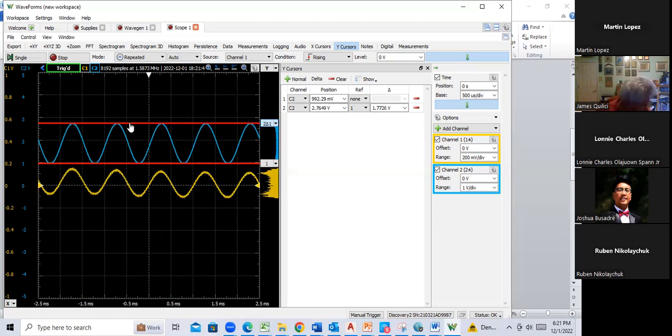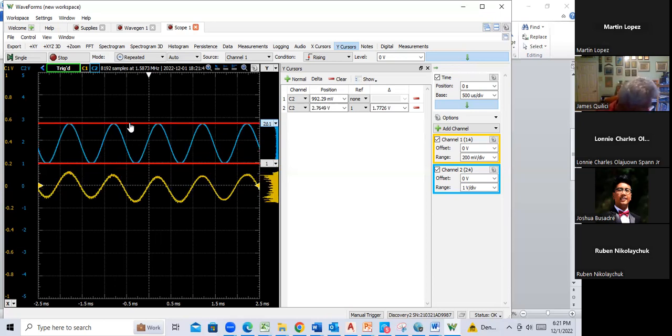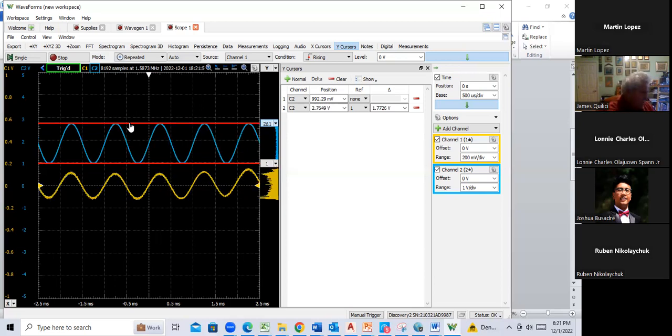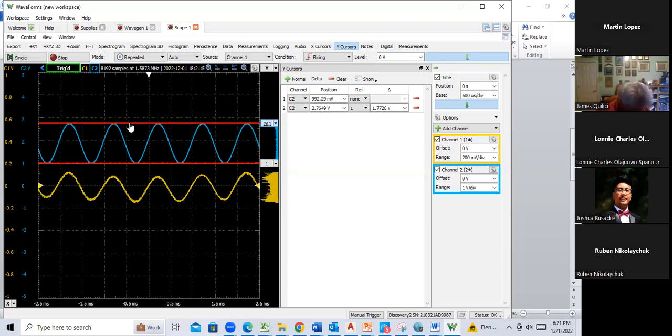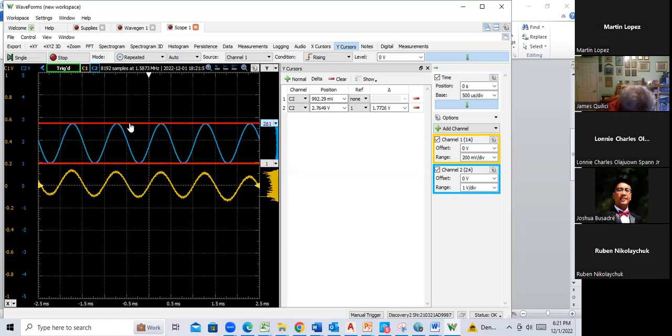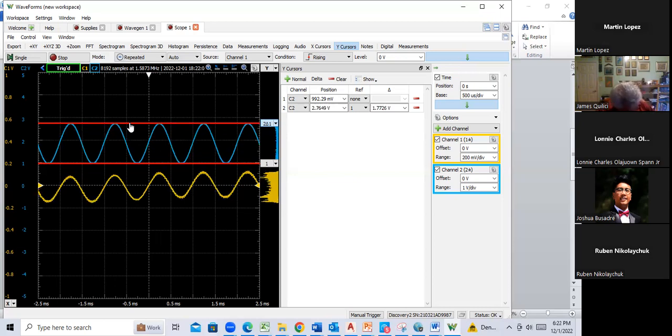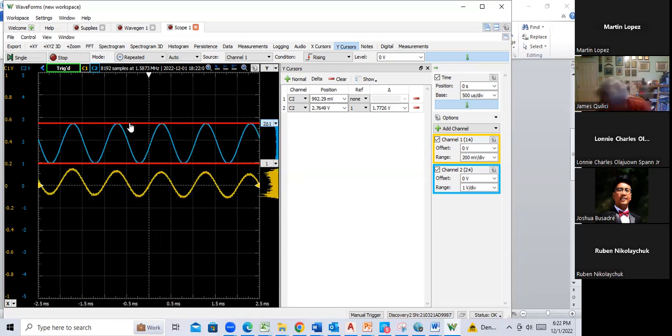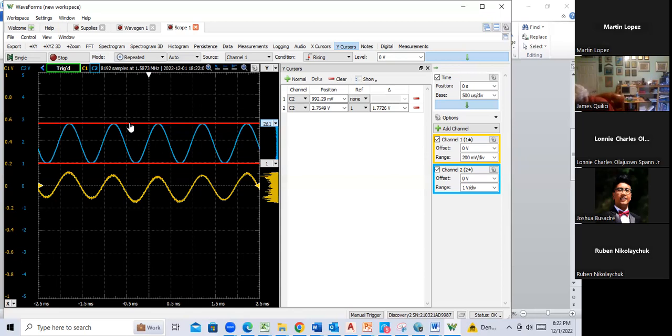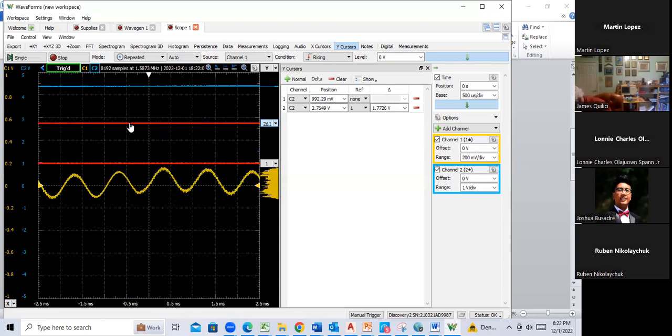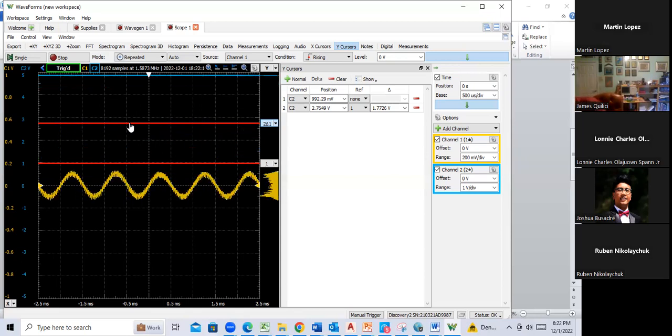So it looks like, let me see if I can just find 100 ohms. Brown, black, brown. Okay, let me put this in. Hopefully it doesn't pull down my collector voltage too much.